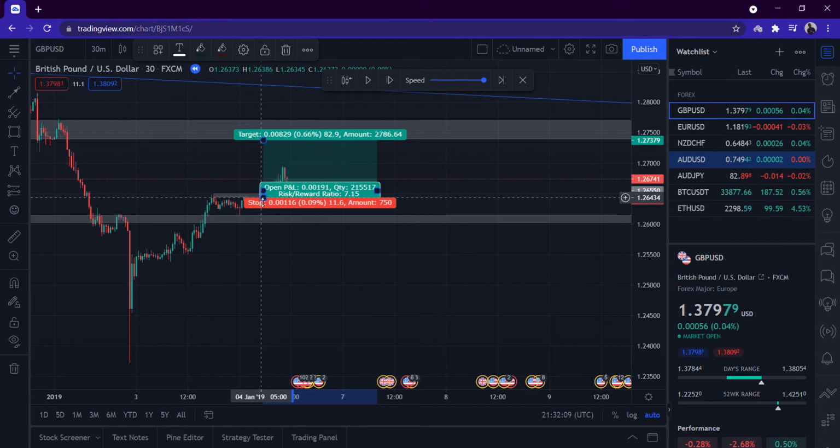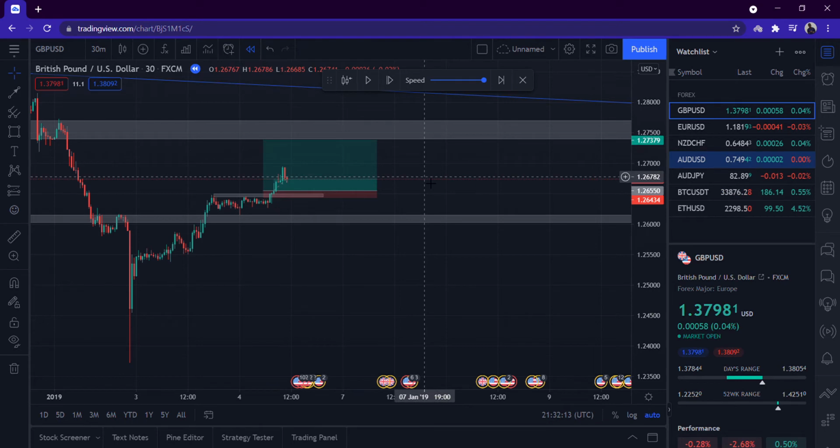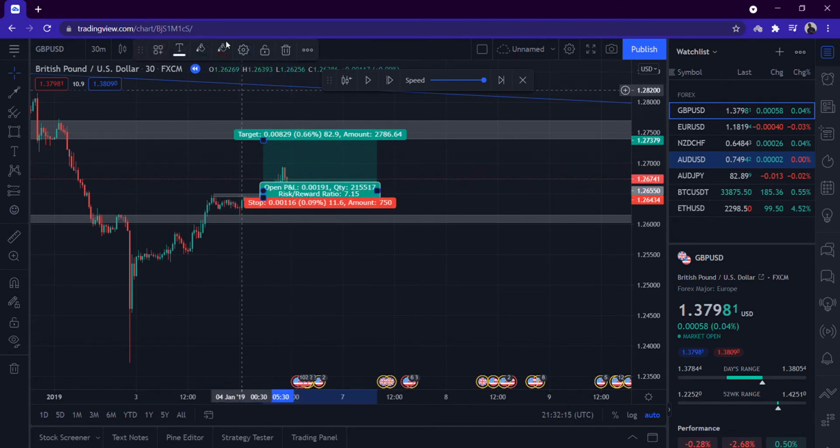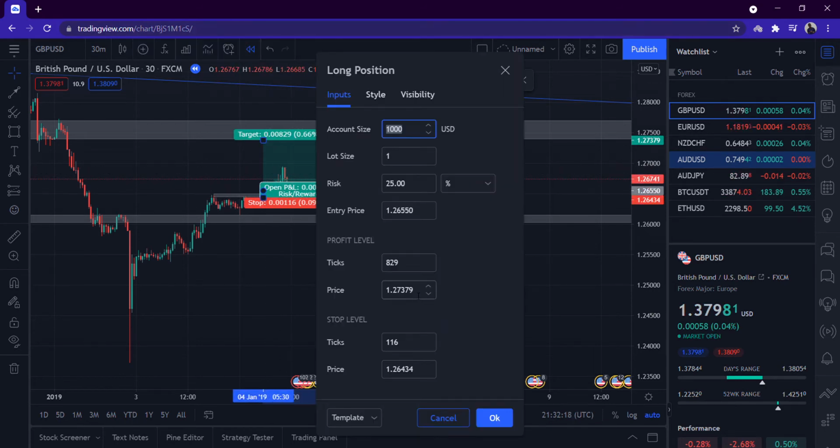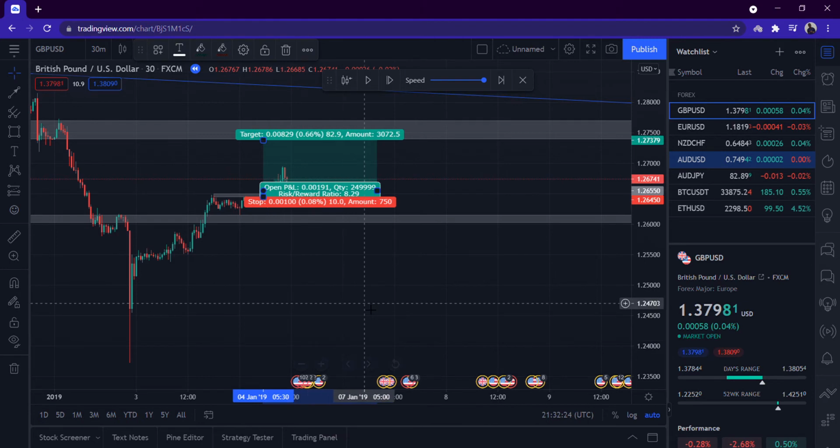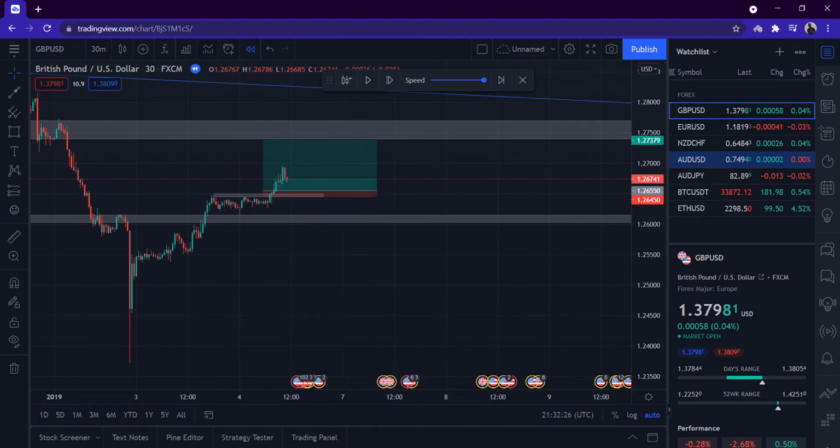Trading is more of a psychological game. So I'm going to use a 10 pip stop loss here. Remember, I've come from 25 pips to 10 pips. So let me adjust this. Okay, and let's see how this plays out.